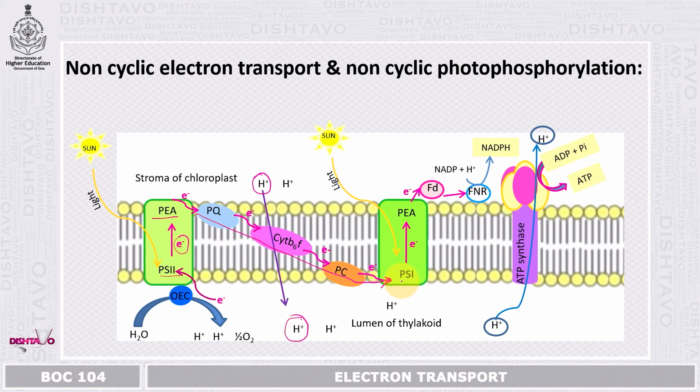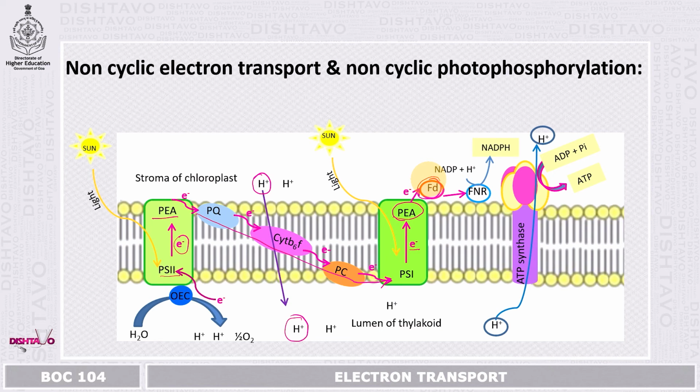Simultaneously, photosystem 1, when excited by a photon of light, releases a pair of electrons. This is accepted by a primary electron acceptor and transferred to ferredoxin.